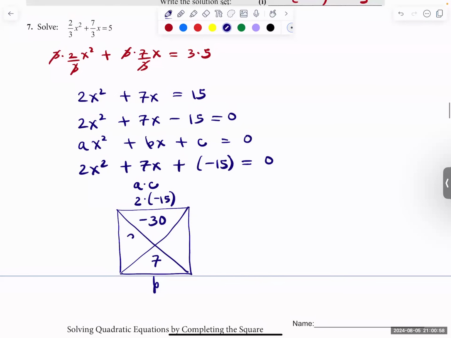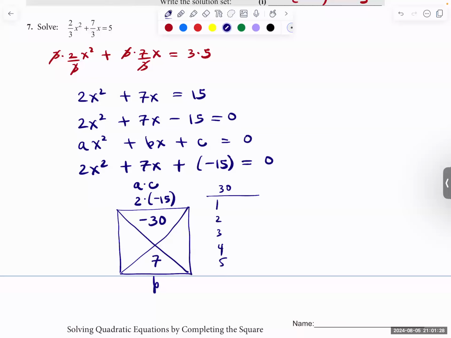In these two missing numbers, we want to think of two integers whose product is negative 30 and whose sum is 7. You could figure that out mentally or write it down, have a system. So let's think of pairs of factors of 30.